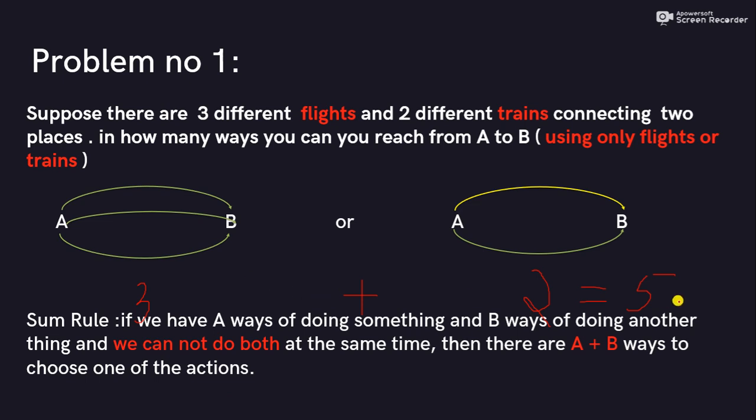So we have 5 ways in total. Here we can use the addition principle because we can select this event or that event, but we can't select both at the same time. In such a case we need to use the addition principle.